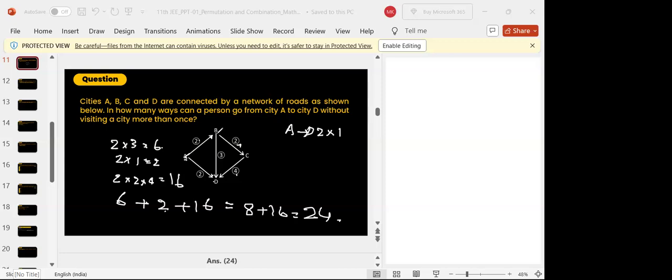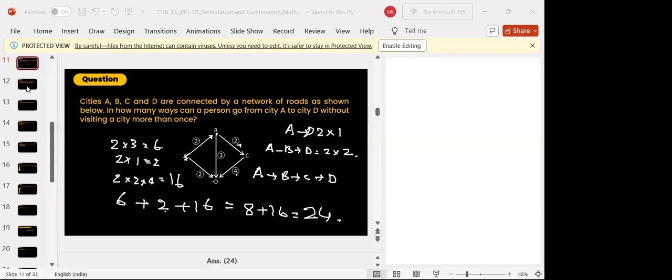Then from A to B, B to D, that is 2 into 2. Then from A to B, B to C, then C to D. These are the combinations. So the answer is 24.